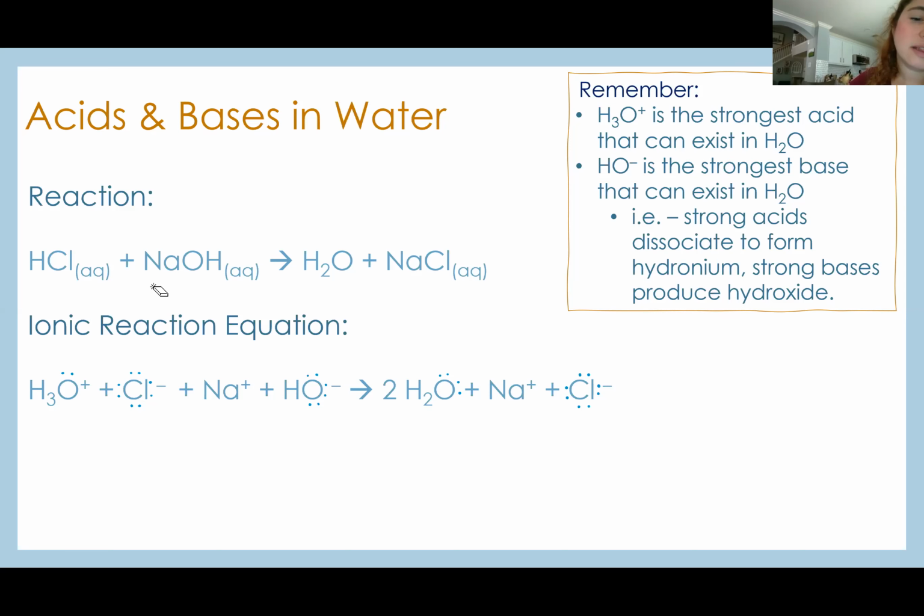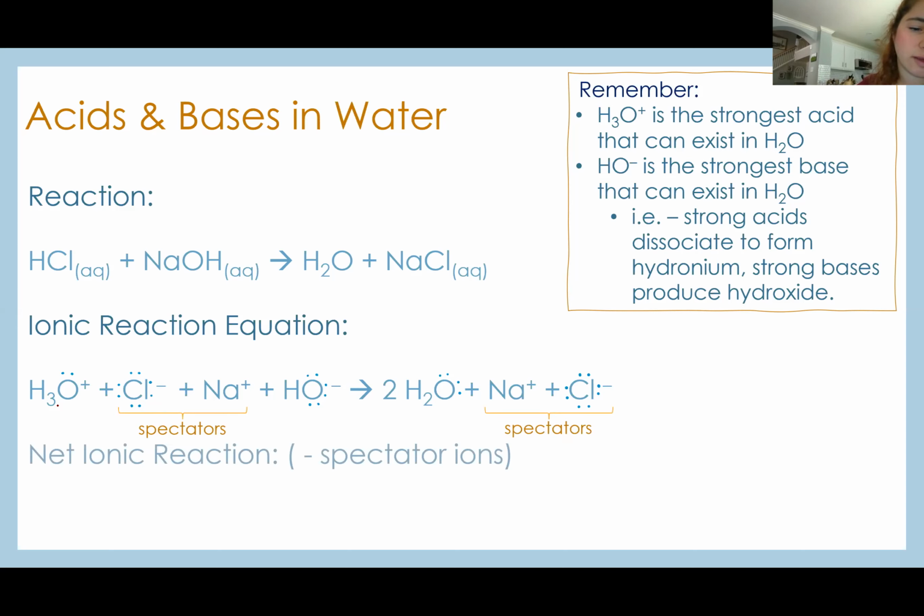Anything that is not changed through the reaction is considered a spectator. So in this case, we have chloride on the left-hand side, and we see it on the right-hand side, sodium and sodium. So these are our spectator ions. And so we're going to remove them to get our net ionic reaction, which is H3O plus hydroxide gives us 2 equivalents of water.